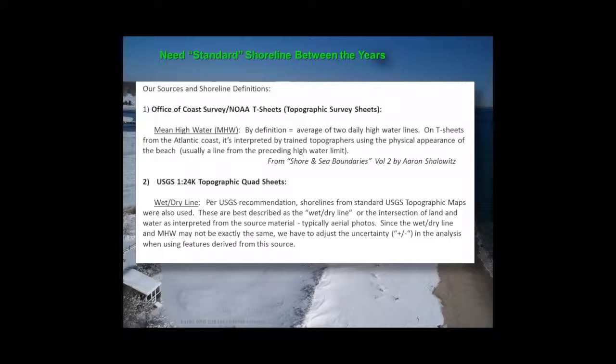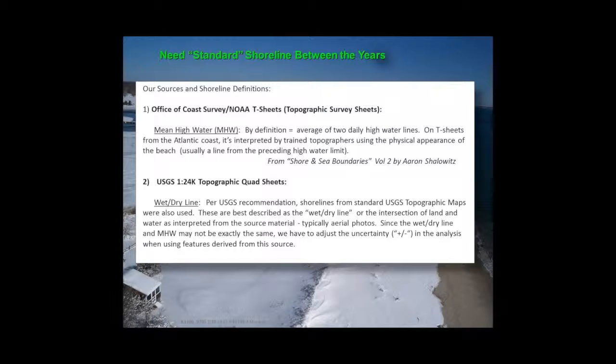As it turns out, in talking with USGS about implementing this, we're also able to use additional shoreline data. Their rule of thumb is the more data that we can use, the better, and we can account for some differences in what that shoreline is by adjusting how certain or uncertain we are about that. So they've recommended, and they've done this in California, to use the USGS topographic quad maps version of shorelines.